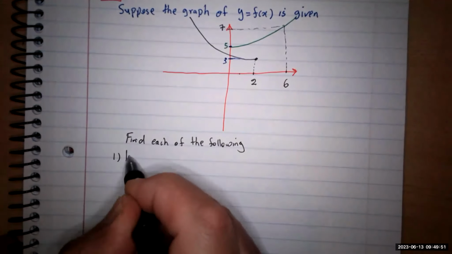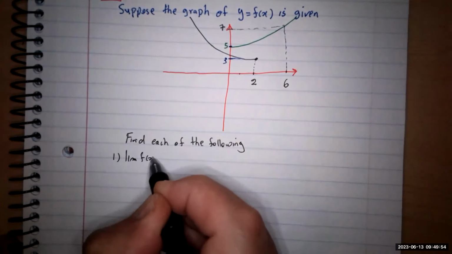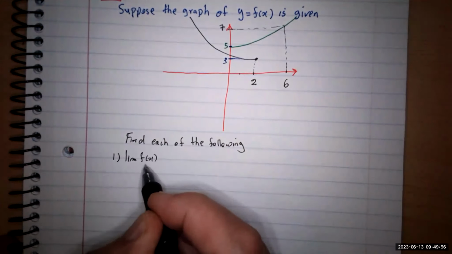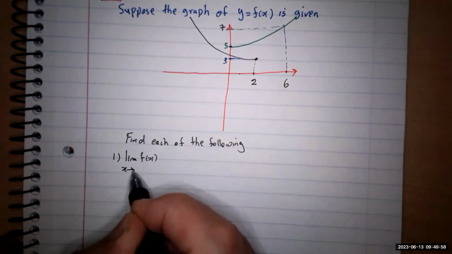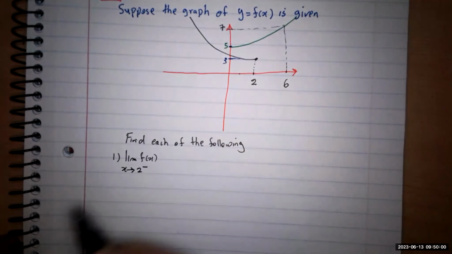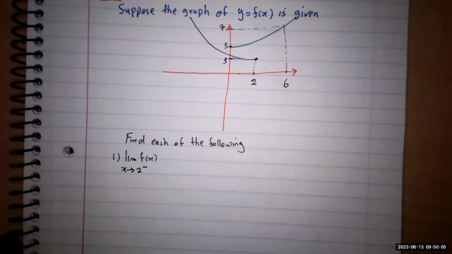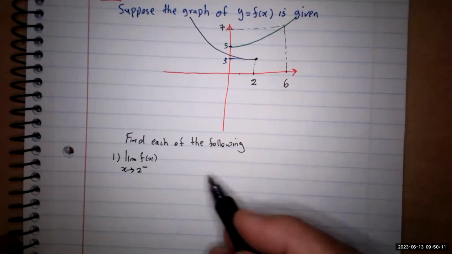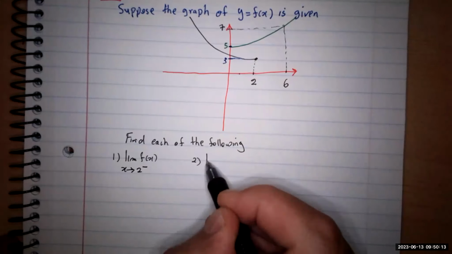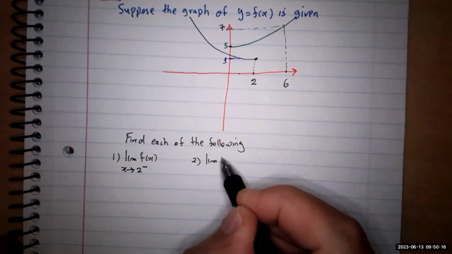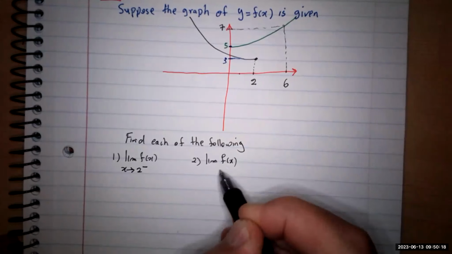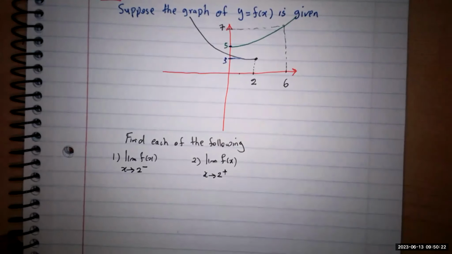The first part would like you to find the limit of f of x when x goes to negative infinity. That's the first part that we're going to be interested in. The next part is the limit of f of x when x goes to positive infinity.